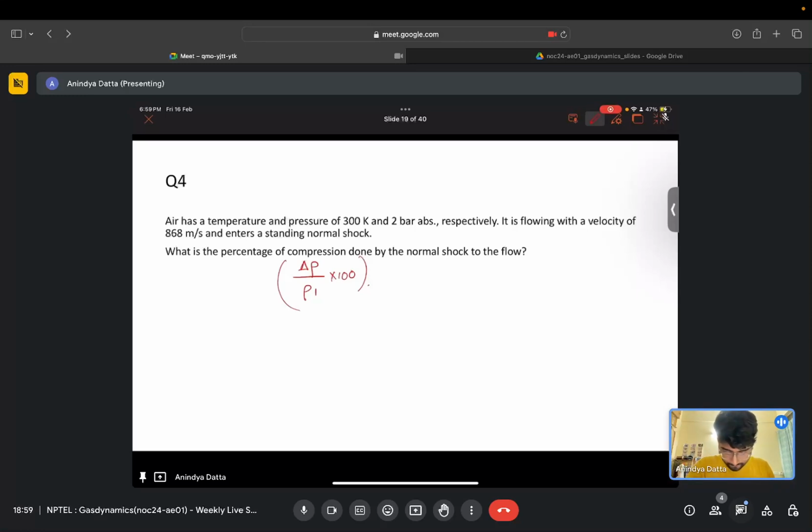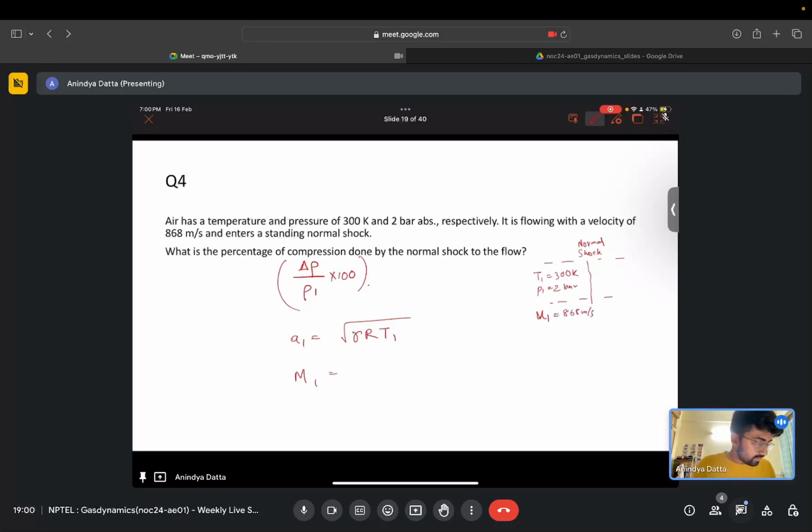Okay, so for that, first we need to find out again the flow Mach number. First we find out A1, which is the square root of gamma R T1. So again let me draw the schematic. So we have a normal shock. T1 is equal to 300 Kelvin, P1 is equal to 2 bar, and velocity U1 is equal to 868 meter per second.